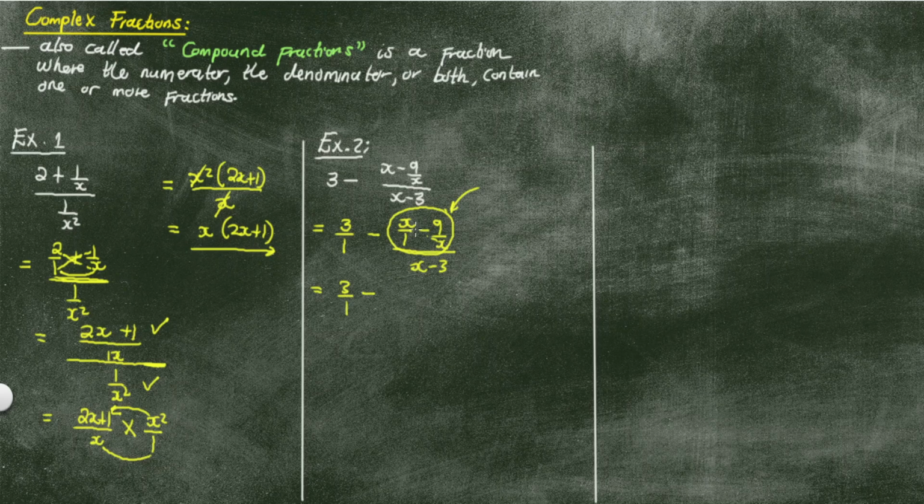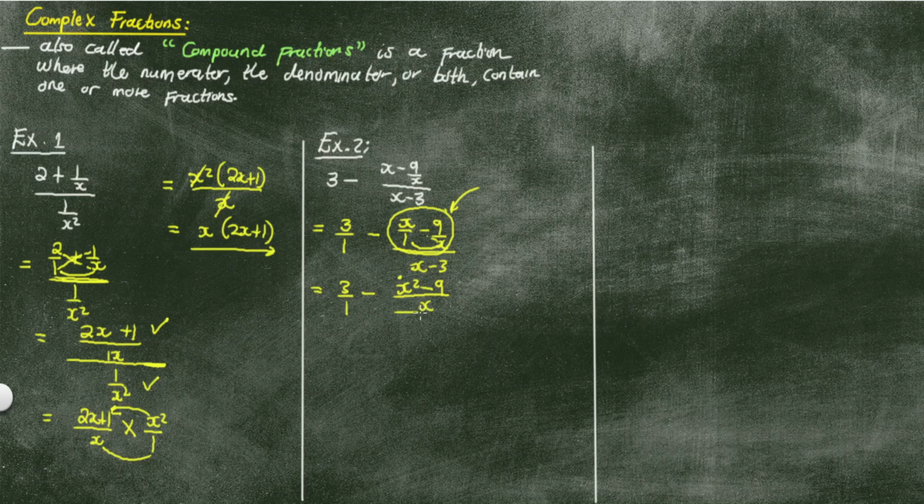So cross multiplication, I mean butterfly method, x times x, that's x squared, minus 1 times 9, that's 9, divided by x minus 3, equal to 3 over 1 minus, wait a minute, I forgot something here. So it's going to be over this x times that x, an x squared. 1 times 9, that's 9. And then this x should multiply that 1.